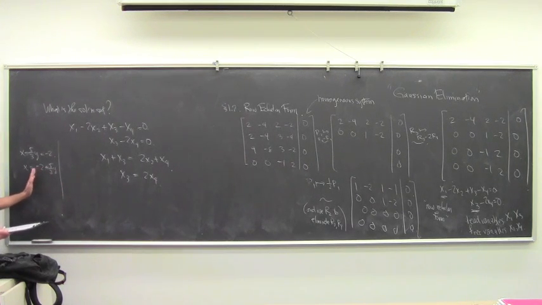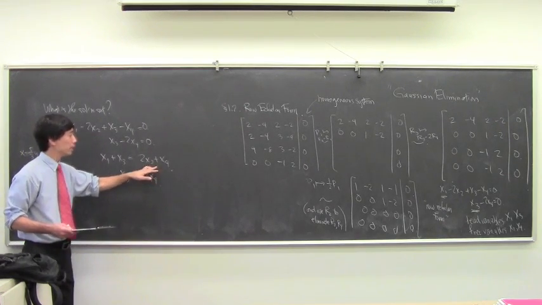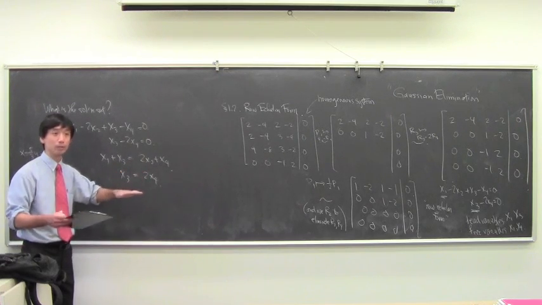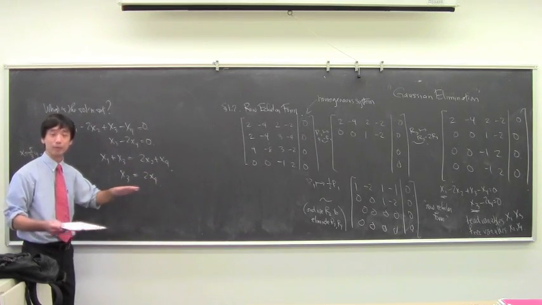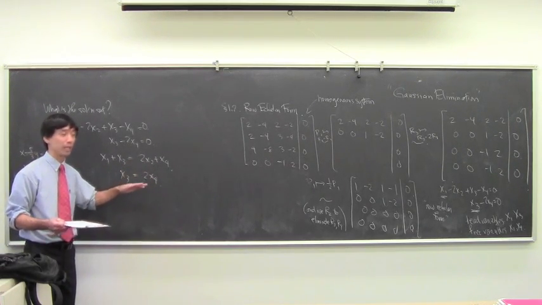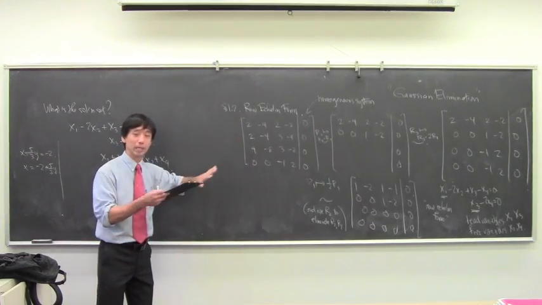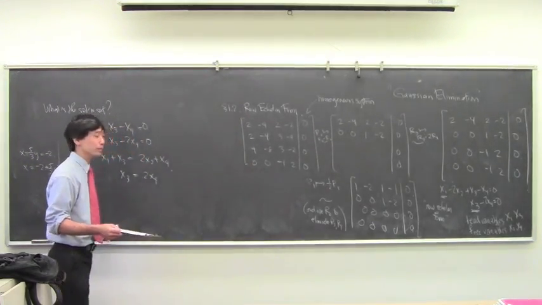You take one variable and express it in terms of the others, and here we end up with a solution set with two parameters. In other words, it's going to be a plane: in our four-dimensional space, a two-dimensional plane of solutions.